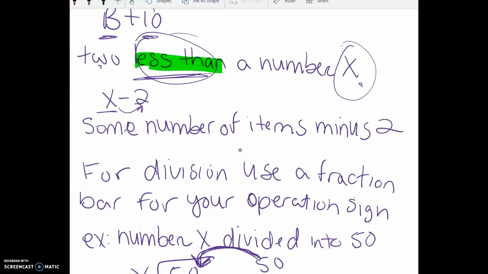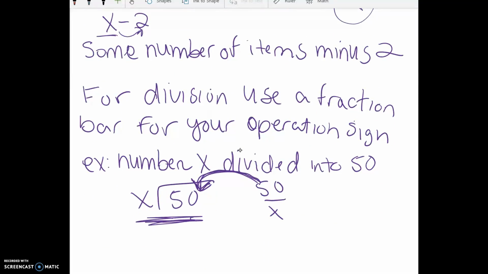And then another example we talked about was using a fraction bar for the division symbol instead of just a division sign. And I gave an example, number X divided into 50. So I'm thinking about, I have X. If I were to actually write that math problem out, I would say X divided by 50. And then I know that when I make it into a fraction, the top number falls into the house.